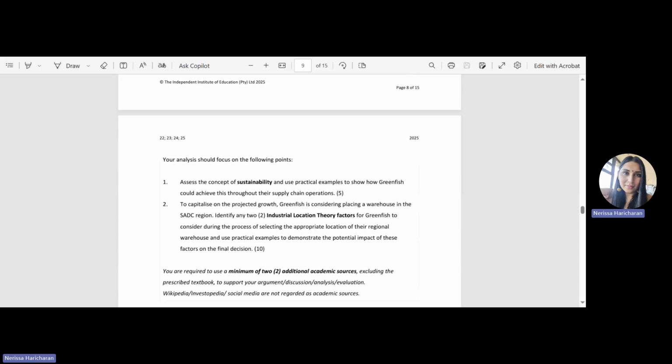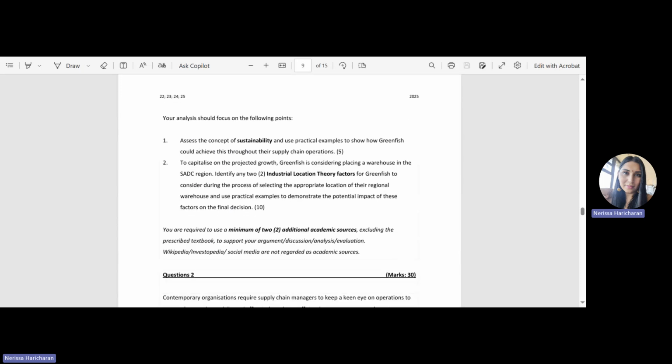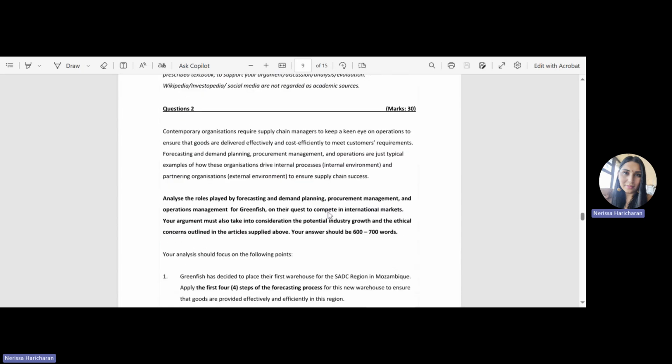Then we're going on industrial location theory factors. What are 2 factors in part of that? We speak about cost, we speak about location, we speak about labor. So all those different types with application. Very important, bringing in additional academic sources. Absolutely important, okay? Outside of the textbook, not to be used from the textbook, but outside of the textbook.